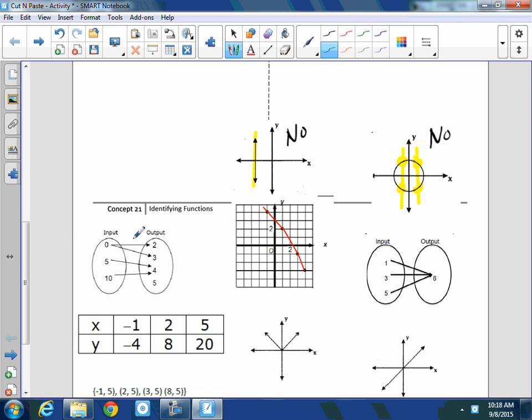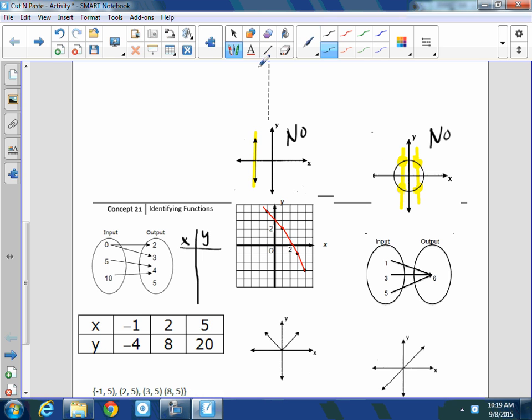Now, what about this one? For this one, I would recommend either doing an X and Y table, or writing the ordered pair right on top of the line like I did in the video. Now that gets a little messy, that's why I don't like to do that.